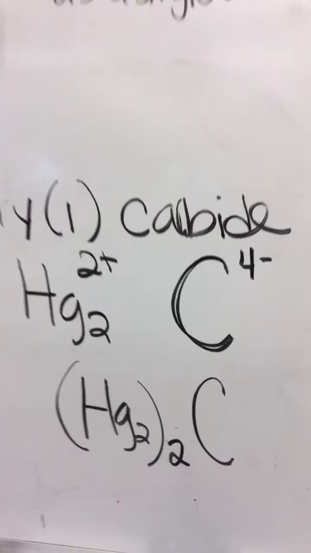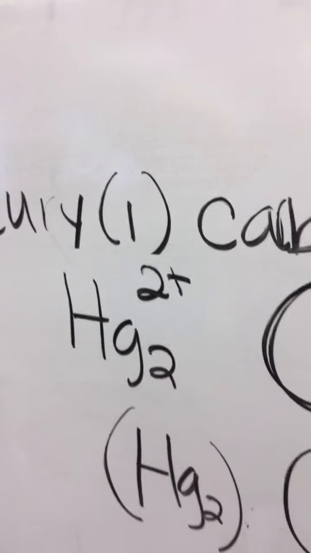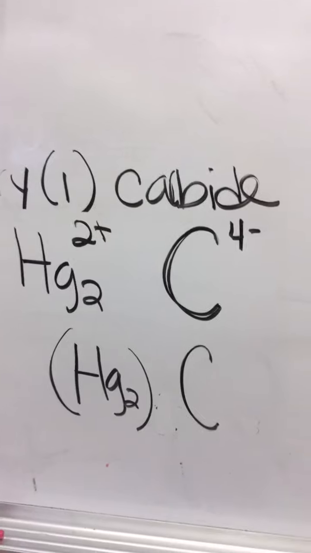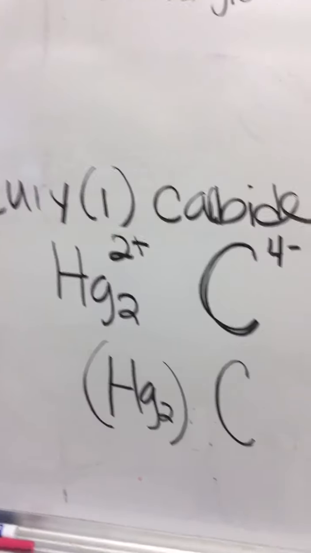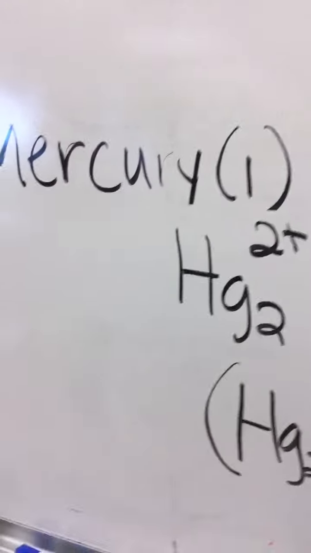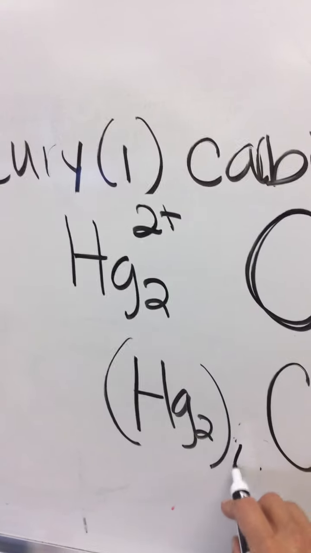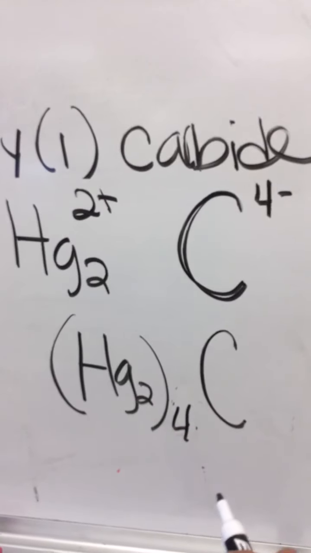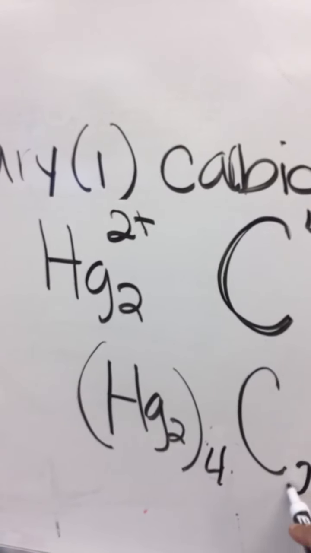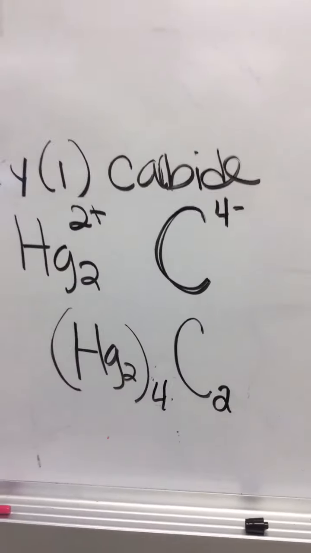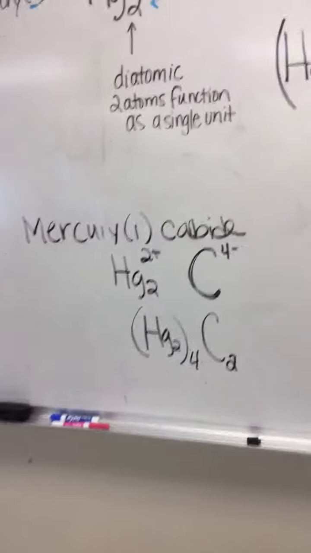Okay? Originally, when we would crisscross this, let me back up. We would bring the 4 down to follow the mercury 1, and we would bring the 2 from the mercury 1 down to follow the carbide.